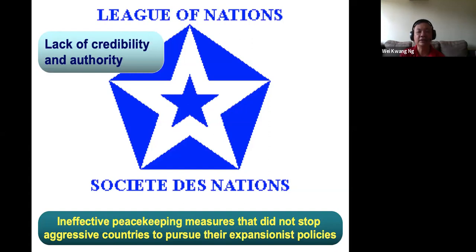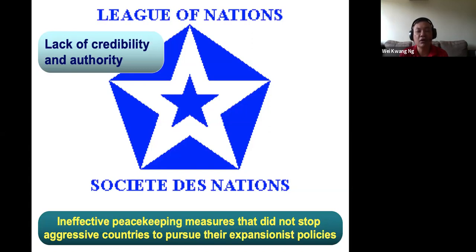However, these peacekeeping measures, like for example, practicing sanction, that means basically to criticize, to scold the country, or to ban the selling of goods to the offending country, were actually ineffective because aggressive countries continued to pursue their expansionist policy.